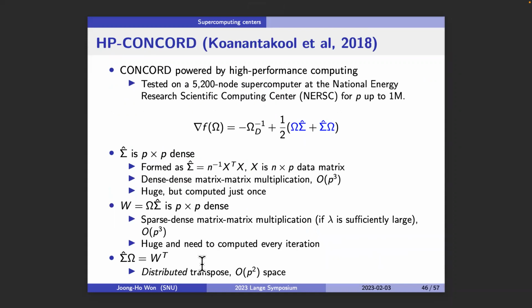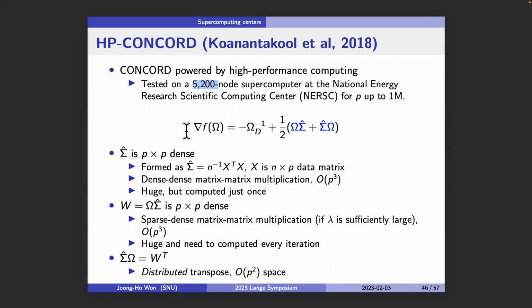And there's a high performance version of CONCORD proposed in 2018, called HP-CONCORD, which was tested at a National Supercomputing Center supported by DOE, up to a 1 million by 1 million matrix on a 5,000 node supercomputer.